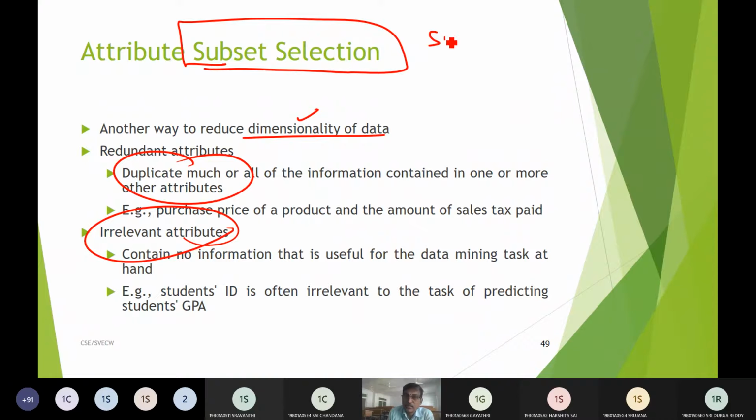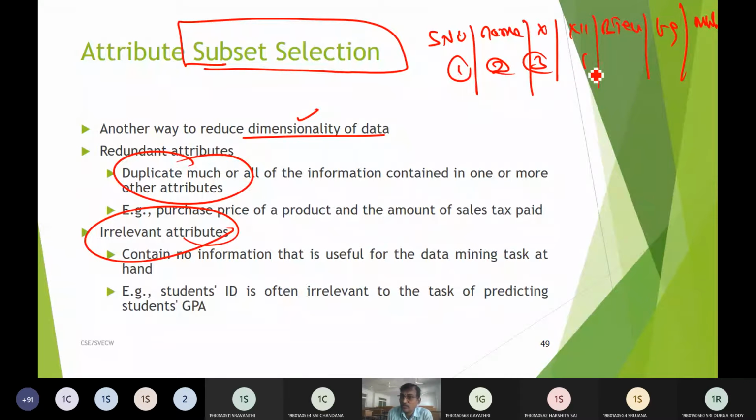Assume that there is a student number followed by name, and then 10th class marks and inter marks and BTech marks and blood group and mobile. So this is feature 1, feature 2, feature 3, 4, 5, 6 and 7.